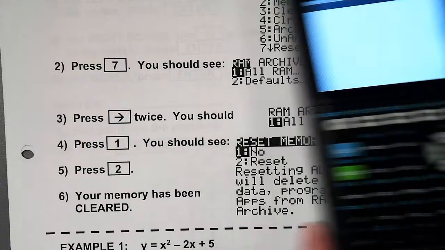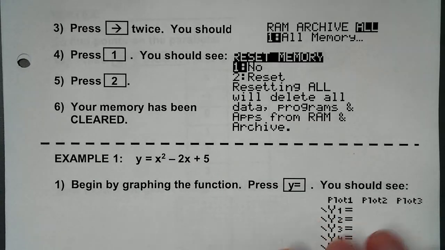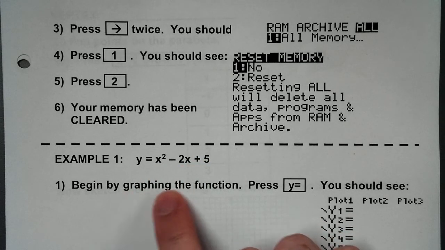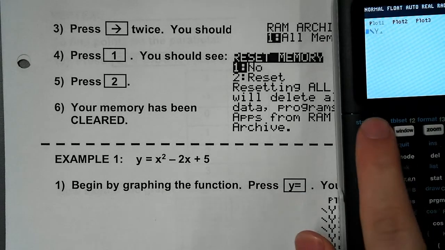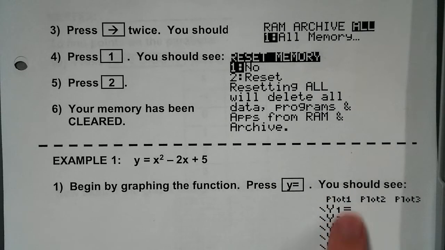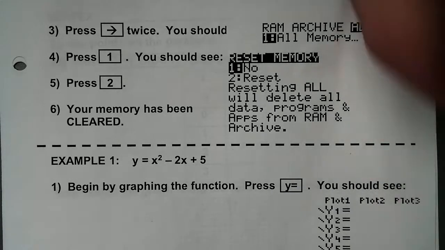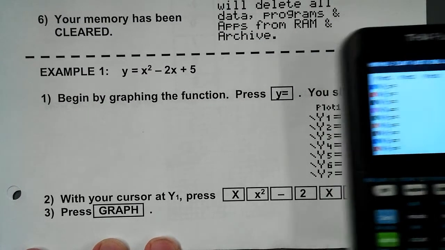Alright? Now, example 1. It says y equals x squared minus 2x plus 5. Begin by graphing the function, press y equals. So, we go here, we push y equals, and you should see the plot. We've seen this before. Then we're going to plug in, and it gives you step-by-step instructions on what to type and how to use it.